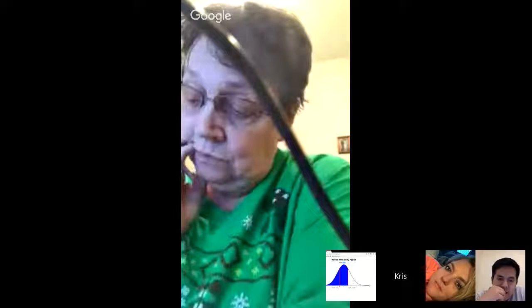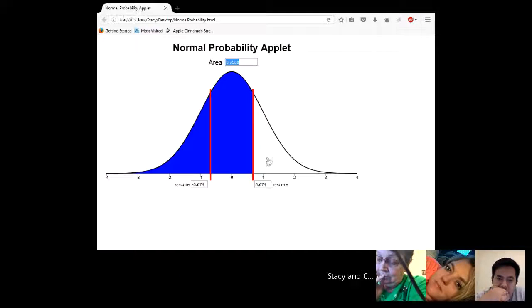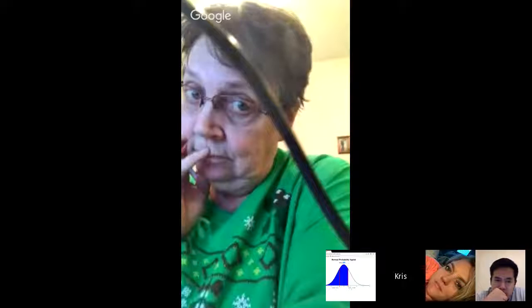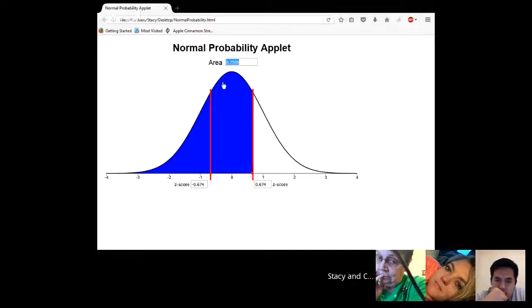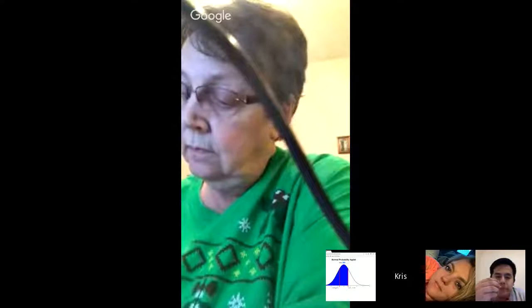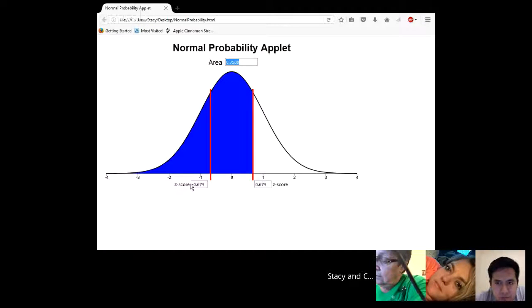One thing I was trying to remember is if the percentile is above 50%, you take the positive z-score. But if it's under 50%, you always take the negative. So just a reminder. If we plug it into that formula of x equals the mean plus the z-score times standard deviation. Who wants to plug that in?